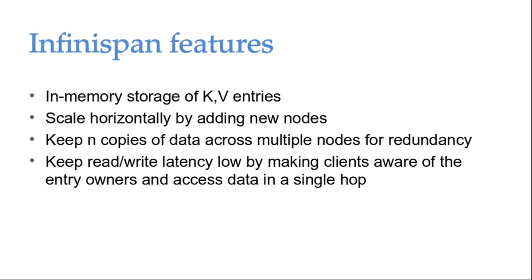New nodes are discovered and added to the cluster, and we keep multiple copies of data on the cluster nodes for redundancy, so that in case of a failure, we can always have a backup copy of the data and we can repair the copies. Also, an interesting feature is that we keep read-write latency low by making the clients aware of which node in the cluster owns the data, so that the data can be accessed in a single hop.